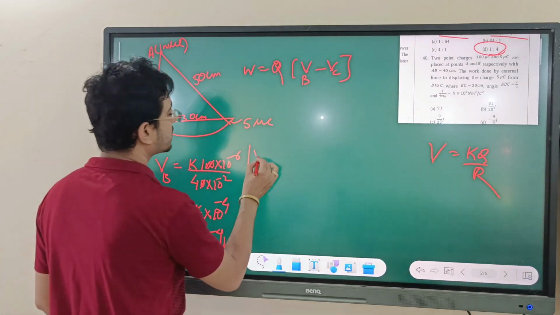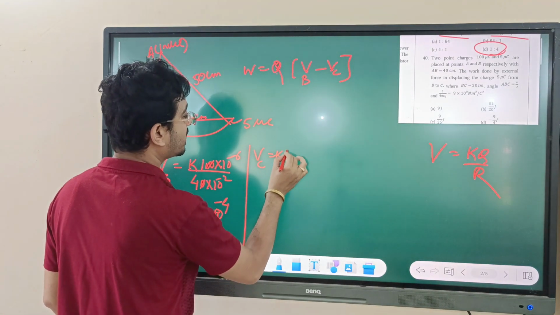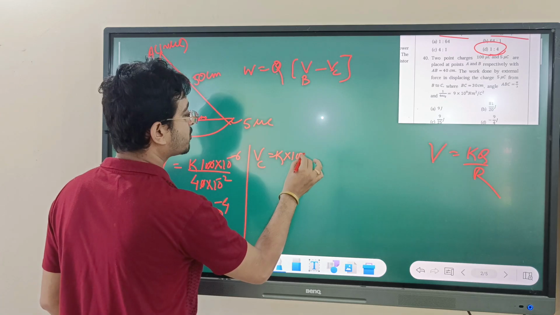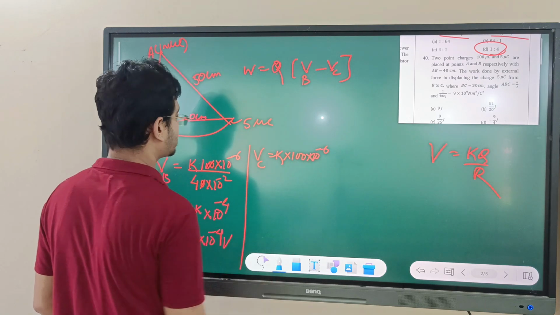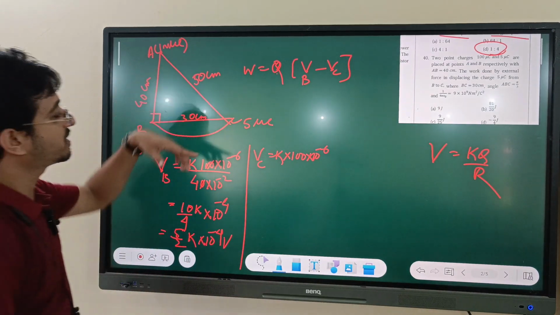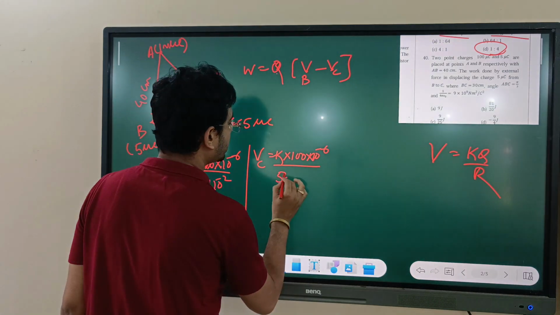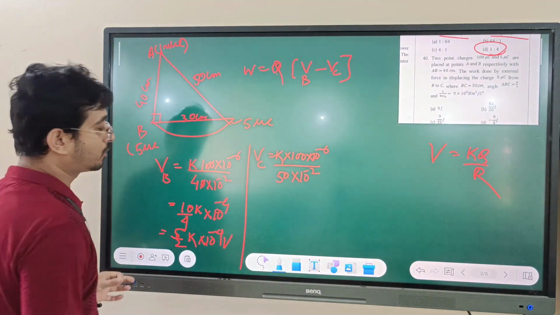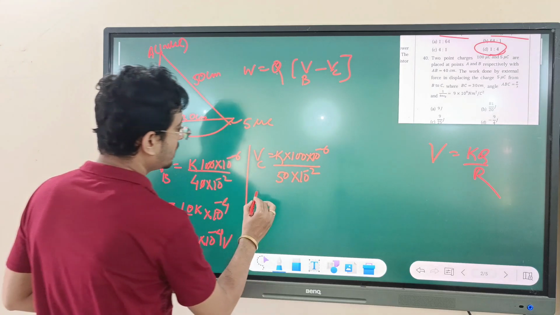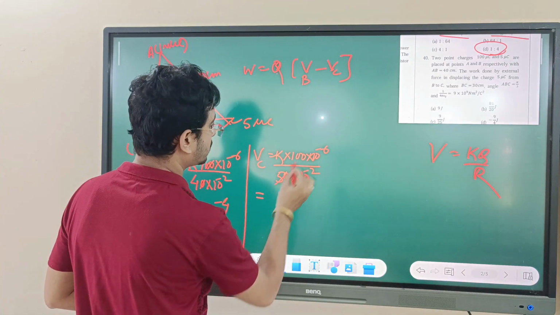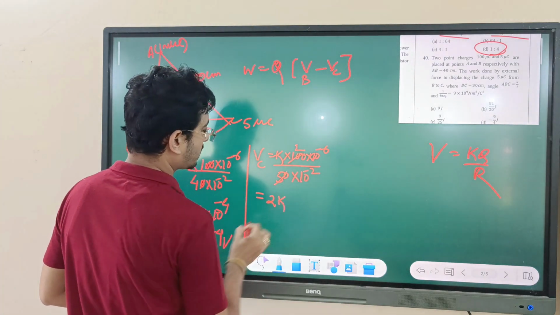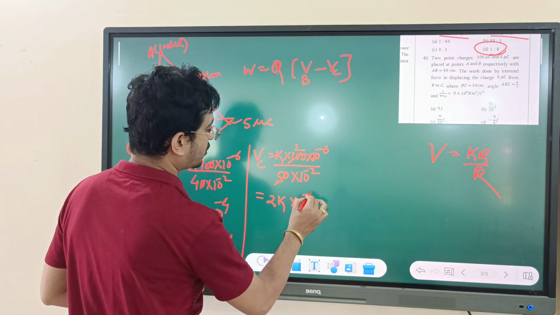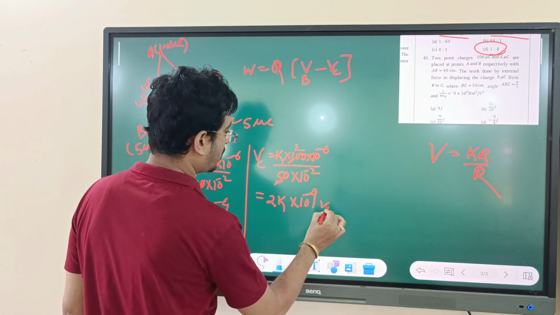Let me find the potential at point C, which is equal to K times charge 100 micro, meaning 10 to the power minus 6, KQ by distance. Distance is 50 centimeter, which is 50 into 10 to the power minus 2. So this will be 2k into 10 to the power minus 4 volt.